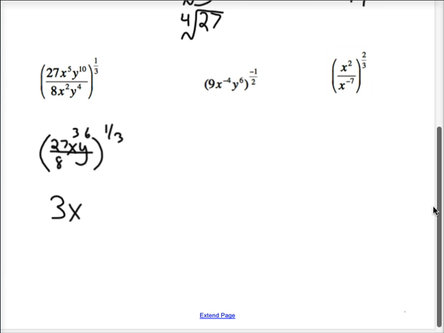Y to the 6 to the 1/3 power. Power of a power, 6 times 1/3, or essentially 6 divided by 3, leaves you with a y squared. 8 to the 1/3 power. So basically the cube root of 8, you should know as 2. So once you run through it, that's actually all that you end up being left with.